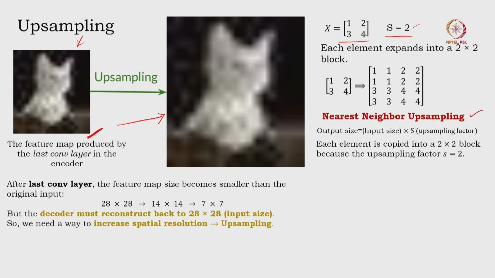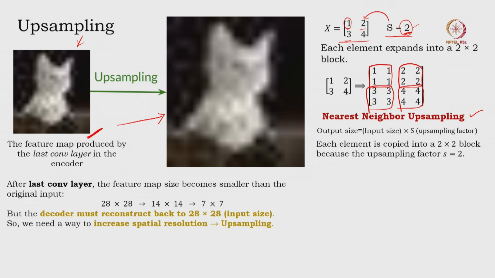Because it is 2, how are you going to apply it on this? Every value should be expanded by 2 cross 2. So, now you see this is expanded by 2 cross 2. This 2 is expanded by 2 cross 2. This 3 you are expanding by 2 cross 2, and so on. Why 2 cross 2? Because the upsampling factor S is 2.